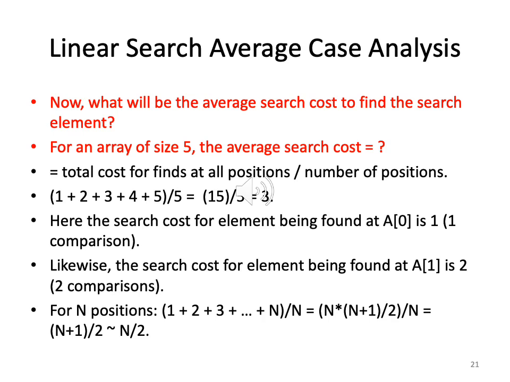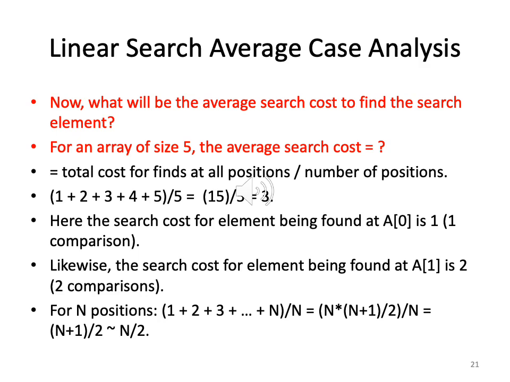So then what is the total cost for finds at all positions? Total search cost, so we add up the number of comparisons: 1 plus 2 plus 3 plus 4 plus 5 and divide by number of positions. So 15 by 5 is 3. Clear, right?